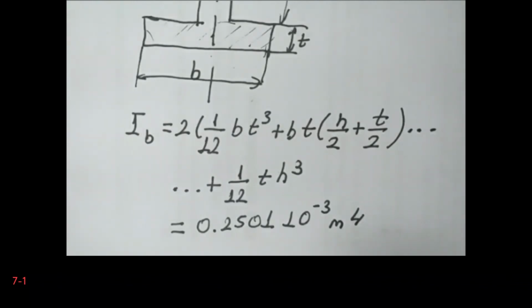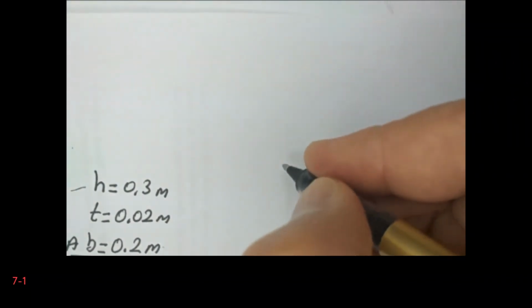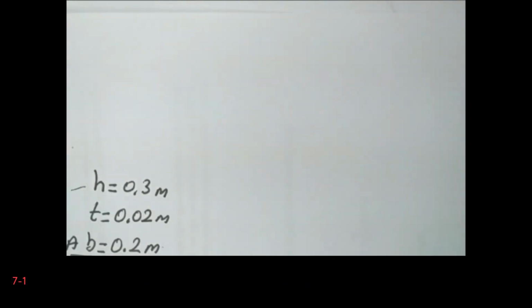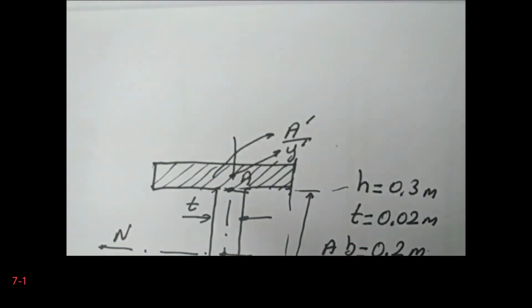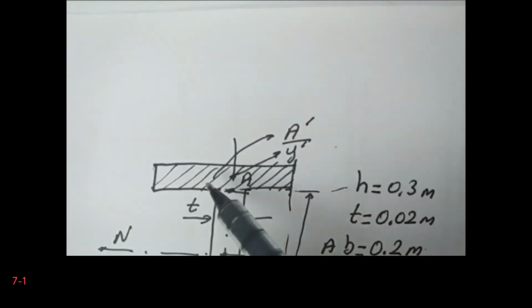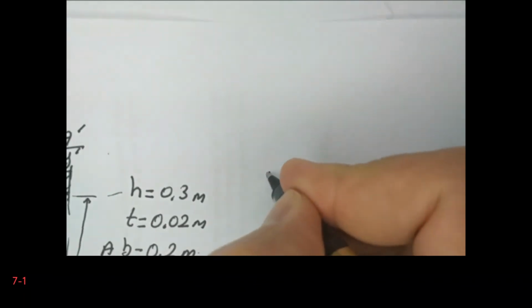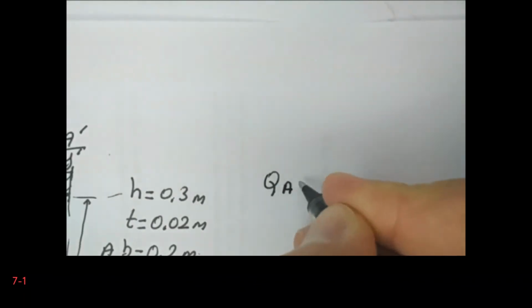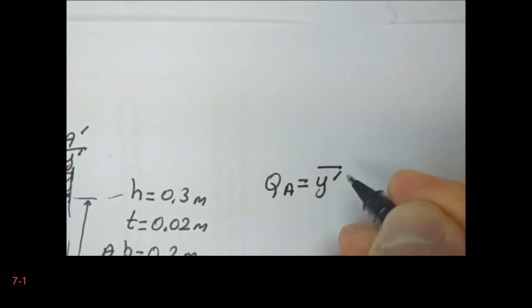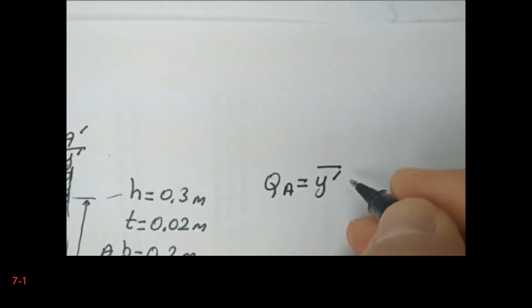Now let's calculate the first moment of the area with respect to the neutral axis. So let's say that the first moment of the area for the point A is, in fact, nothing more than the distance of its centroid to the neutral axis multiplied by its area.